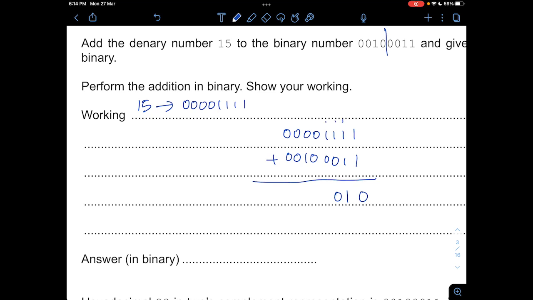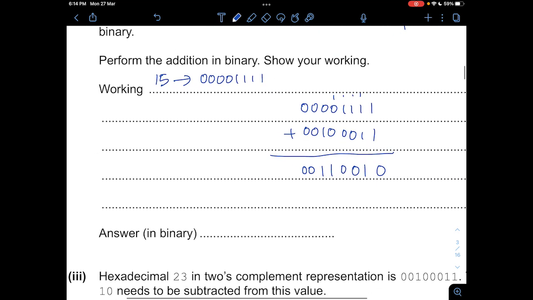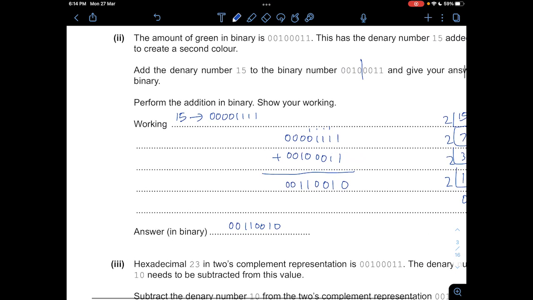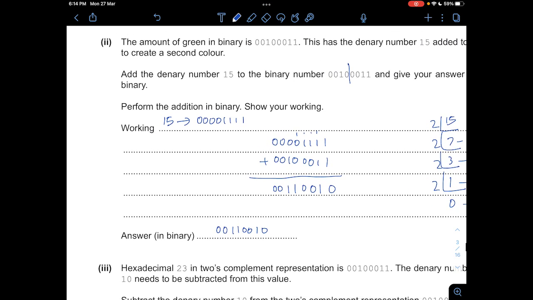So 1 plus 1 is 10, but here is 0, so we move it to the next number on the left. So 1 plus 0 is still 1. This one 0 plus 1 is 1, and then 0, 0. So the answer we have is 0011 0010. This is the answer for adding the denary number 15 to binary number 0010 0011.